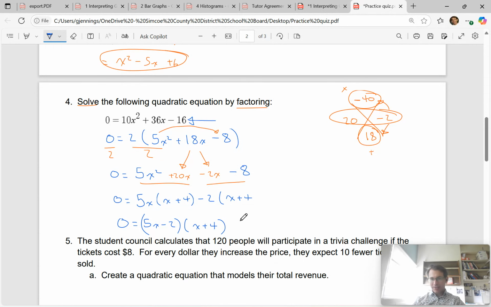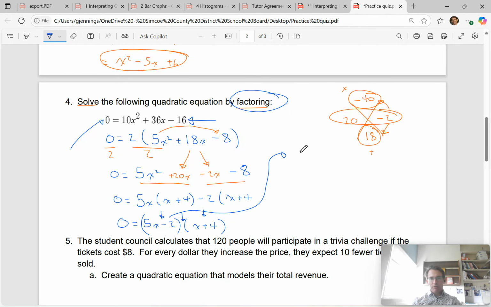Now, the reason we can use factoring to solve these equations when they're set to 0 is because if two things multiply to 0, one of those things must be 0. Either one. So this gives us actually two solutions.